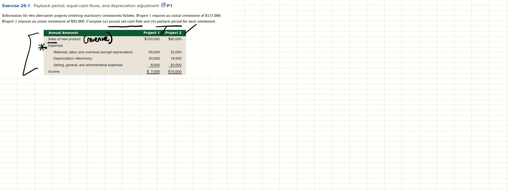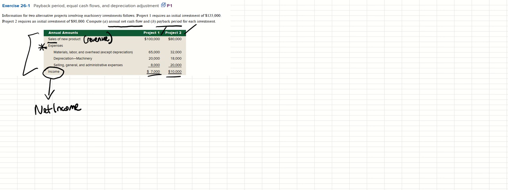When we take the revenues and subtract out the expenses, we get our income, specifically net income, for both of the projects.